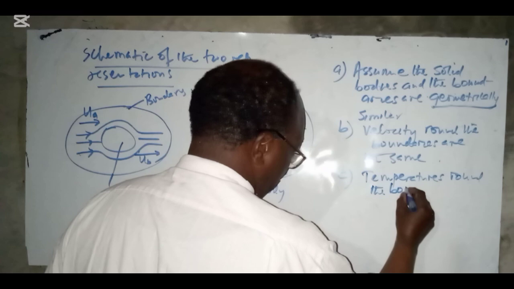In that particular case, for those two bodies, when the Reynolds numbers in the field are the same, then it implies that their velocities are the same.